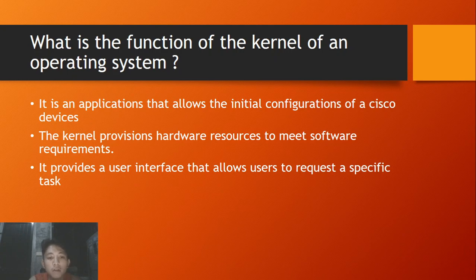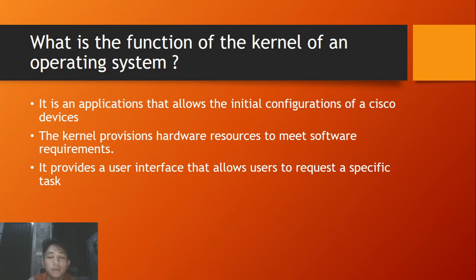Why? Because an operating system functions with the shell, kernel, and the hardware. The shell interfaces with the users, allowing them to request a specific task from the device. The kernel provisions resources from the hardware to meet software requirements.